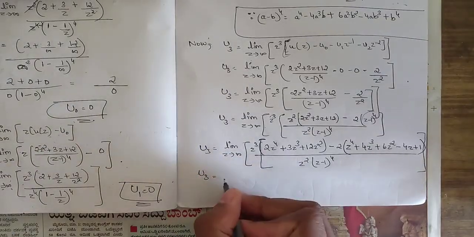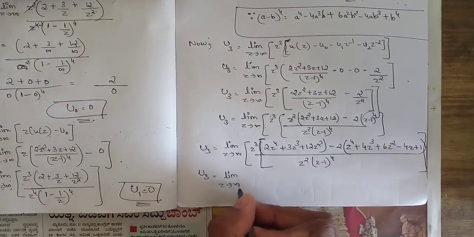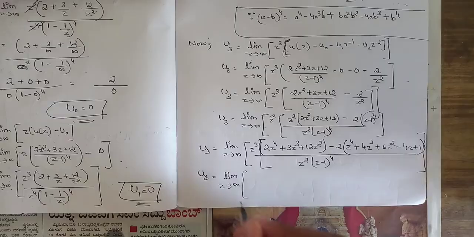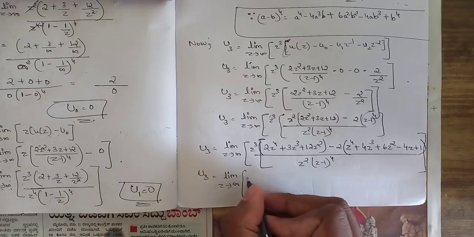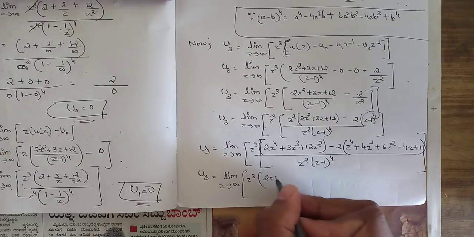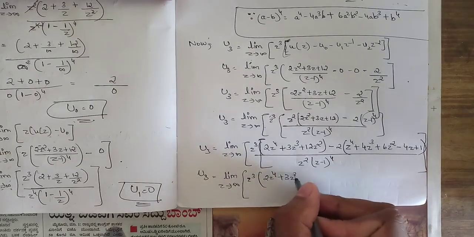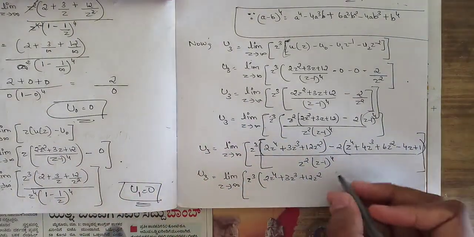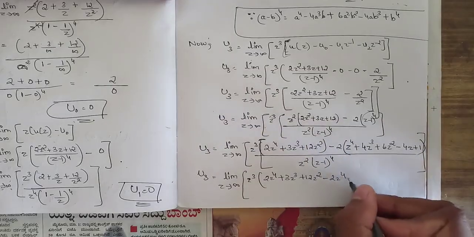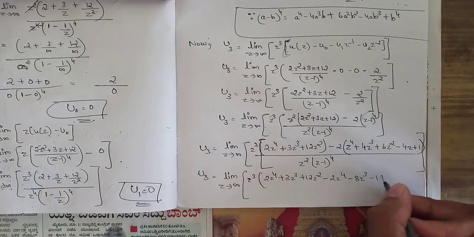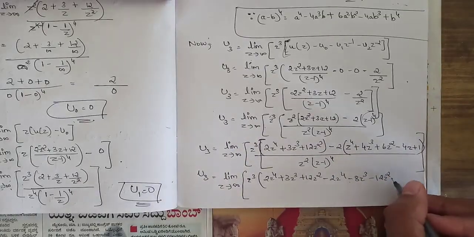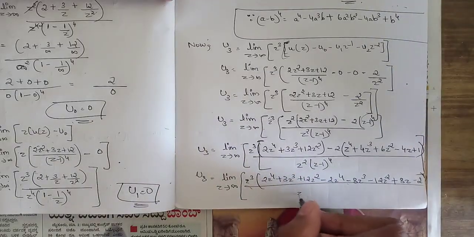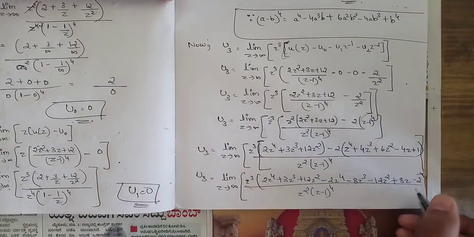So now let's further simplify this. z cube into (2z to the power 4 plus 3z cube plus 12z square). Now let's multiply minus 2 to all the terms. It becomes minus 2z to the power 4 plus 8z cube minus 12z square plus 8z minus 2, divided by z square into (z minus 1) to the power 4.